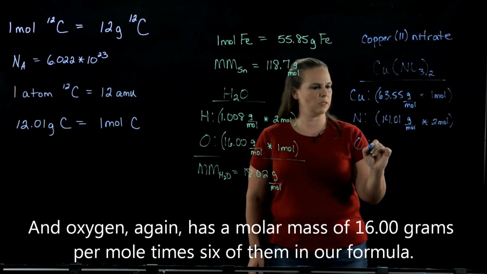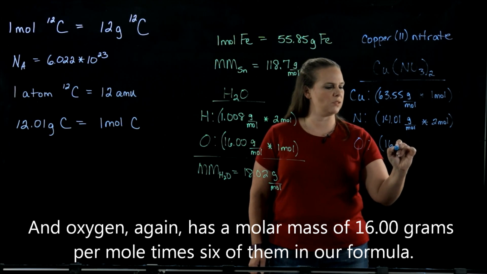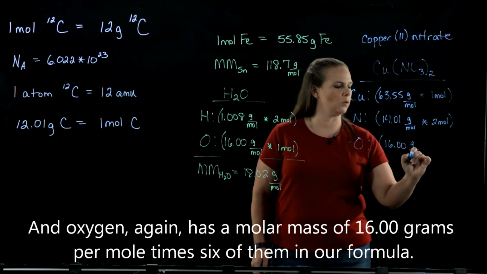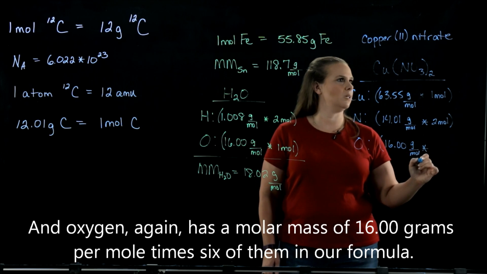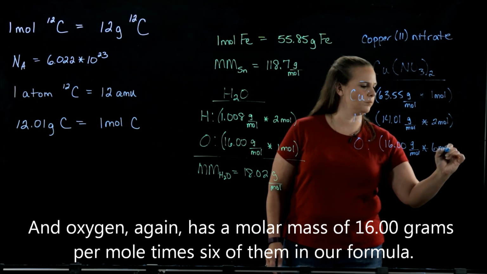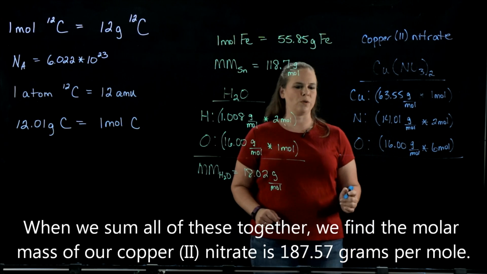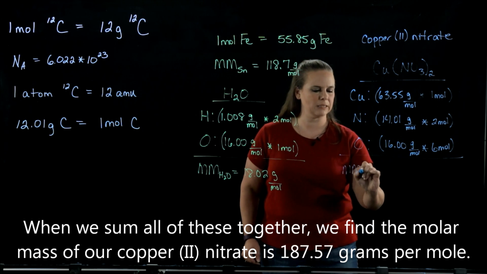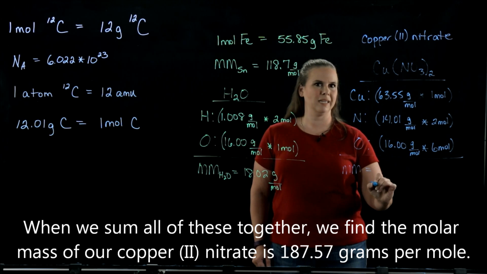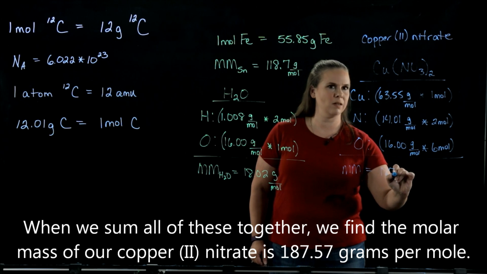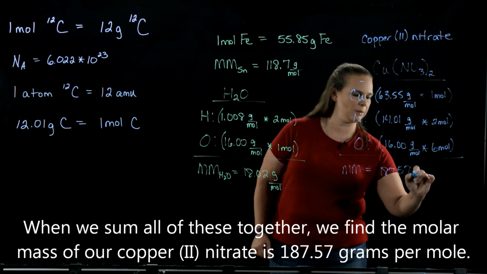And oxygen, again, has a molar mass of 16.00 grams per mole times 6 of them in our formula. When we sum all of these together, we find the molar mass of our copper(II) nitrate is 187.57 grams per mole.